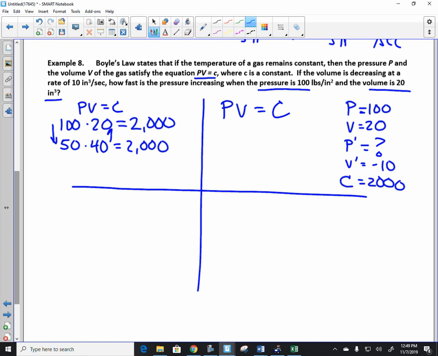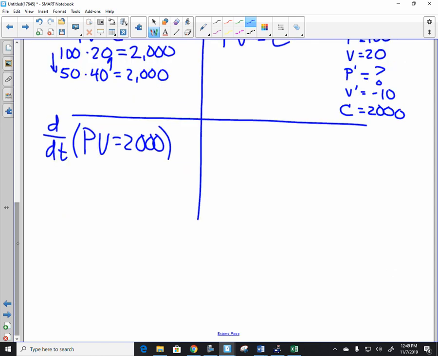We're going to need to use what? The product rule. Take the derivative with respect to time of P times V is equal to 2000. I use the product rule. What's the derivative of P?